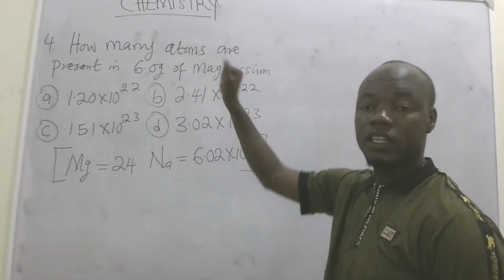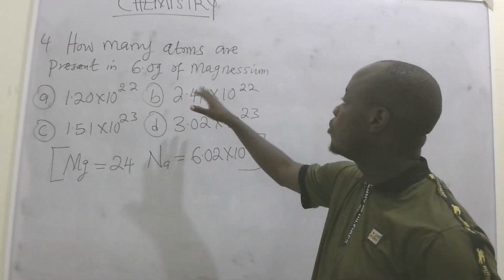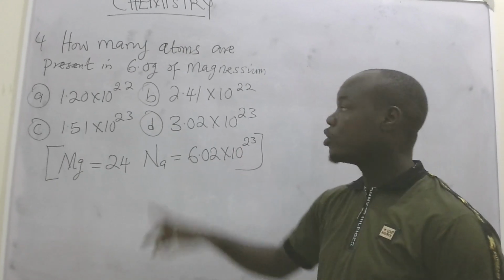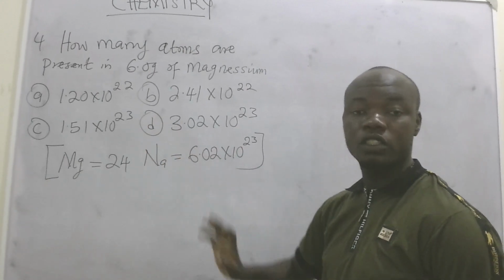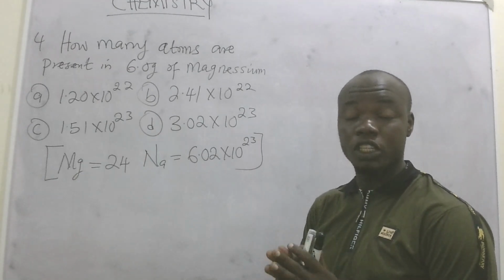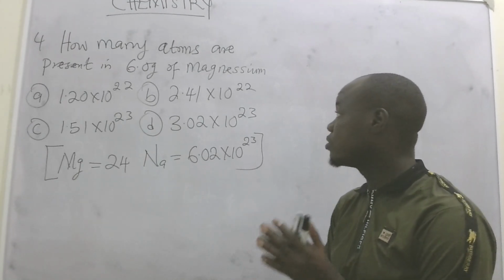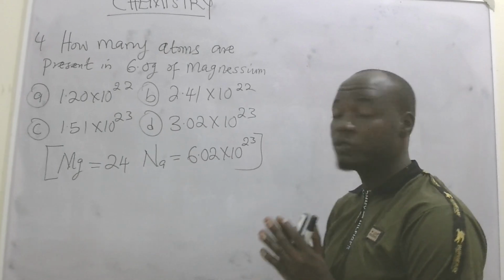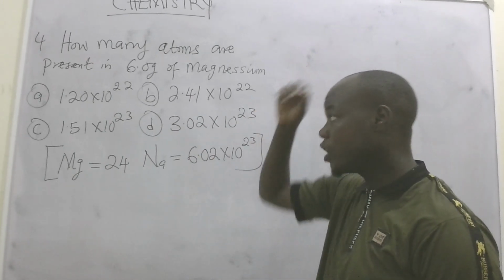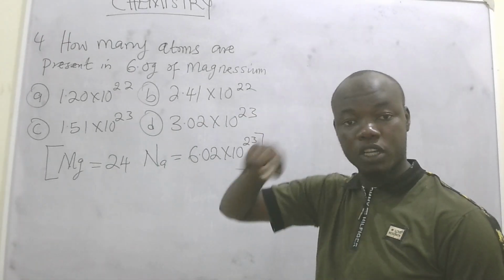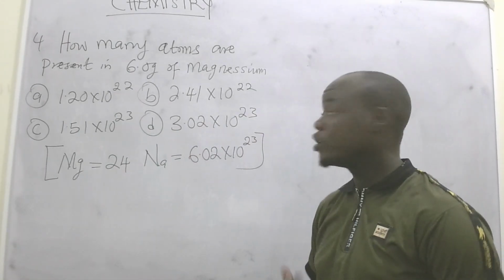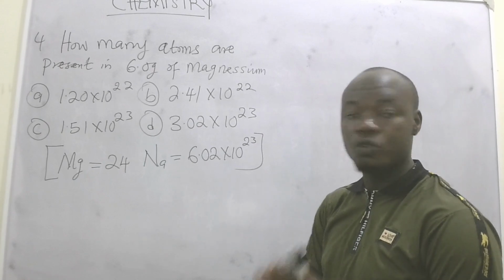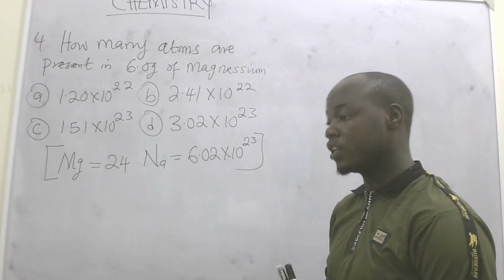Now let's look at another question. How many atoms are present in 6.0 gram of magnesium? Option A is 1.20 times 10 to the power of 22, option B is 2.41 times 10 to the power of 22, option C is 1.51 times 10 to the power of 23, and option D is 3.02 times 10 to the power of 23.